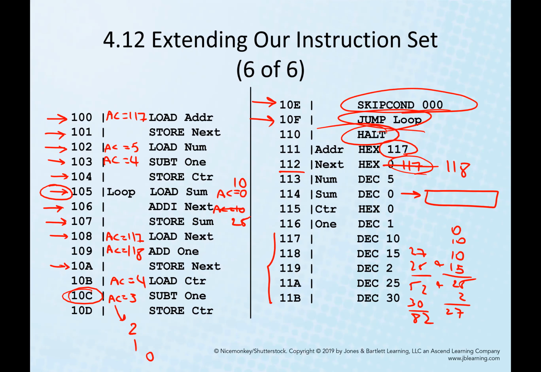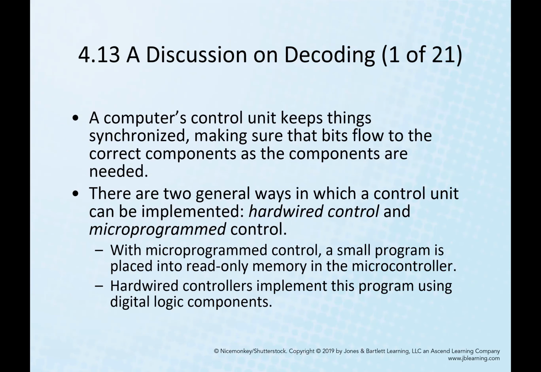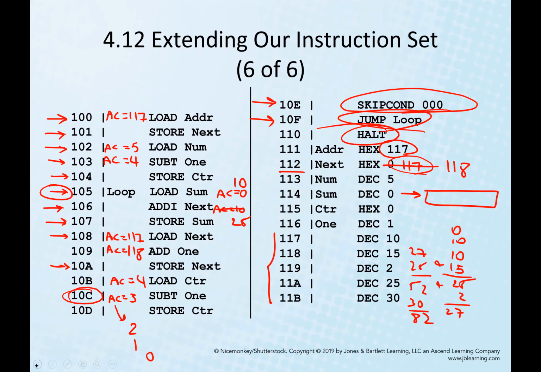The num has to be 10, because num moves to control, and after that control just reduces by 1 every time. So at the beginning we have num, and num moves to the control, and after that the control governs this program. Okay, very good answer.